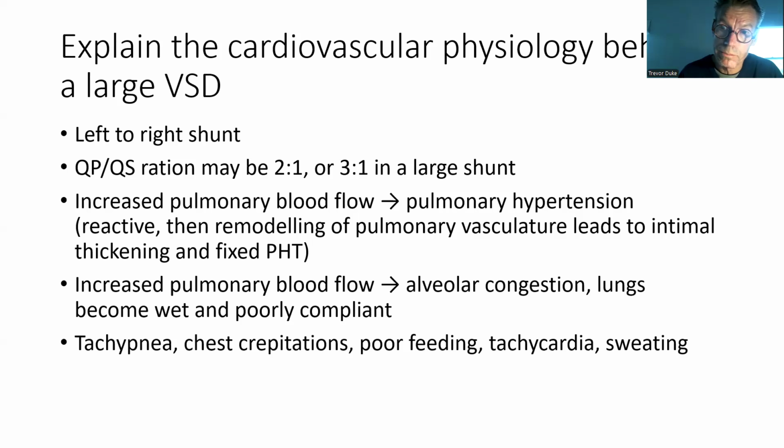And that's all because of pulmonary blood flow. If you've got a QPQS of 1.5 or 2 to 1, then your lungs will become wet and poorly compliant. That means they'll just become stiffer. When lungs become wet, they just become stiffer.